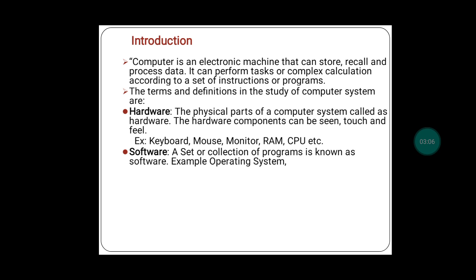Next is software. Software is a set or collection of programs or instructions. One example is the operating system. We have Windows 7 operating system installed in our lab. When we start the computer system and want to work with Microsoft Word, we click on the Microsoft Word icon.